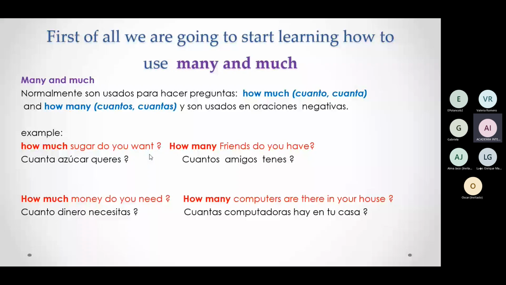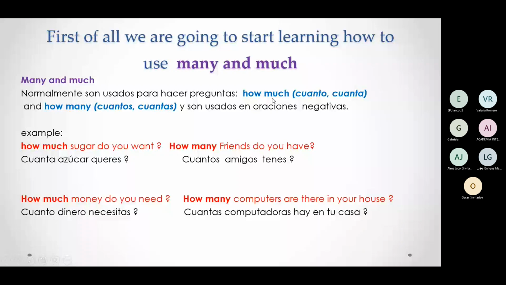Ahora vamos a poner how much with friends. How much friends do you have? Si traducimos eso es como que, ¿cuánto amigos tienes? Suena raro, ¿verdad? Pongámoslo así, porque how much no se usa para cosas contables, solo para cosas incontables. ¿Cuánto?